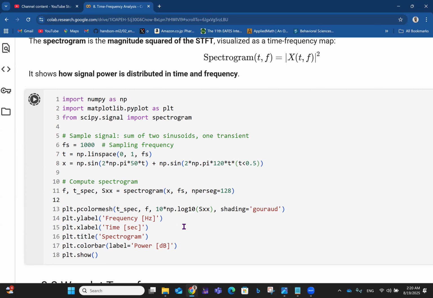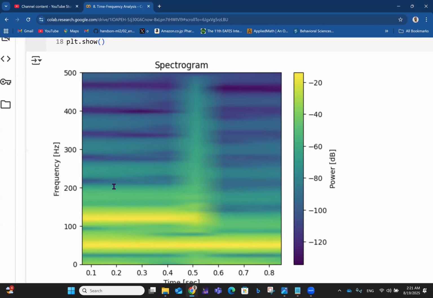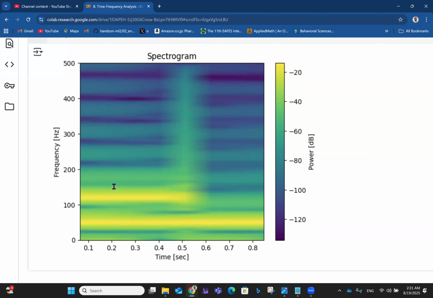If I run this now, it takes a bit of time when you run it for the first time in Google Colab. Now we have it done, and we have this beautiful figure. If you're looking for regions of high decibel, you have them up here. Oh, these are negative values, actually.